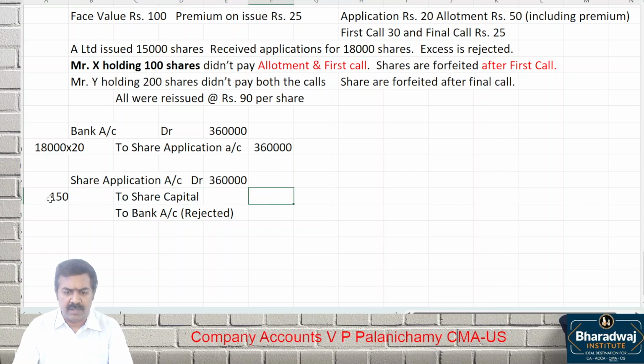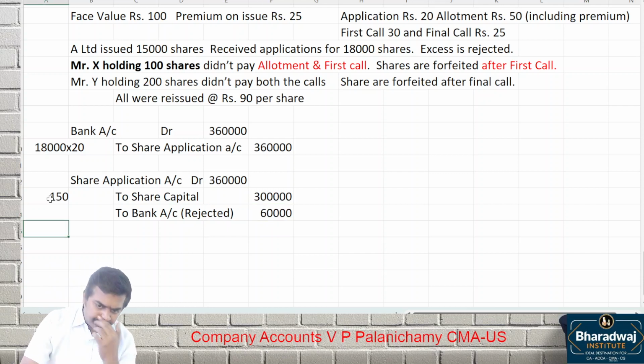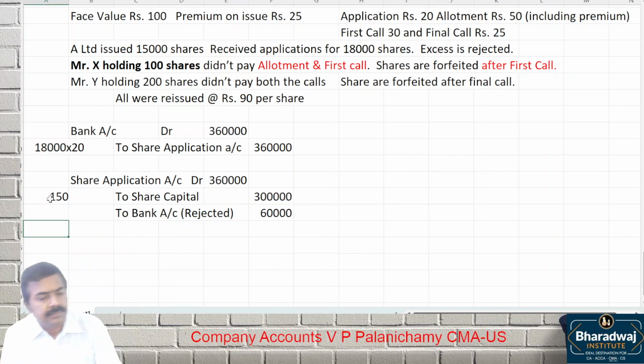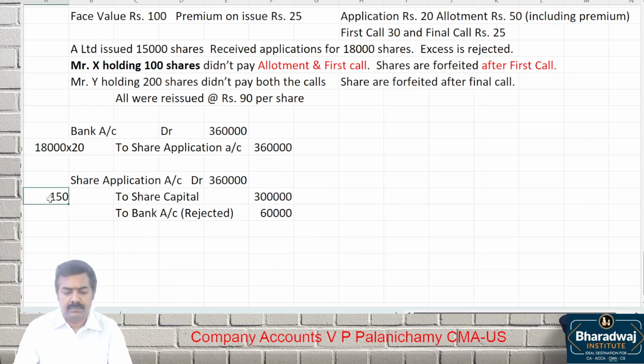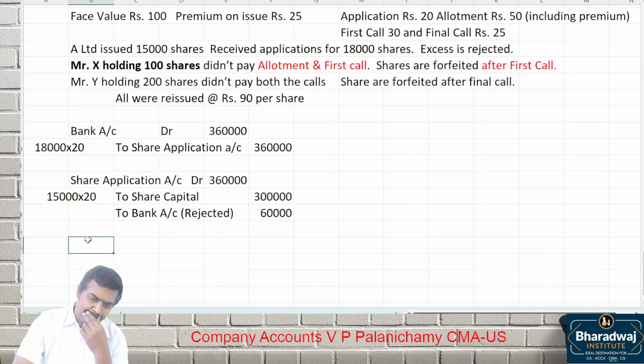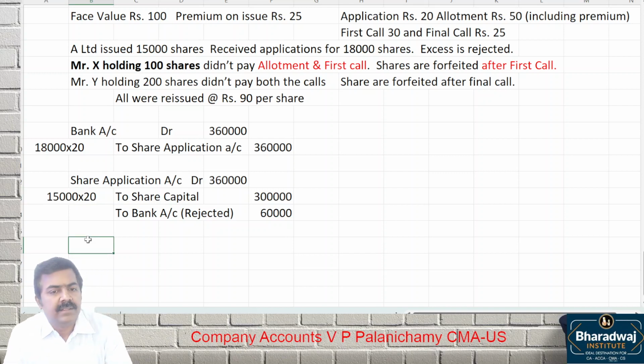We can transfer only 3 lakhs. Excess money is rejected. Take it along with me, no need to wait. Any doubt in this entry?